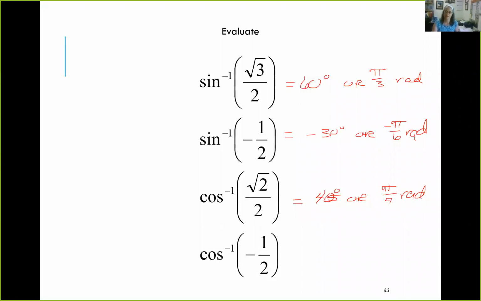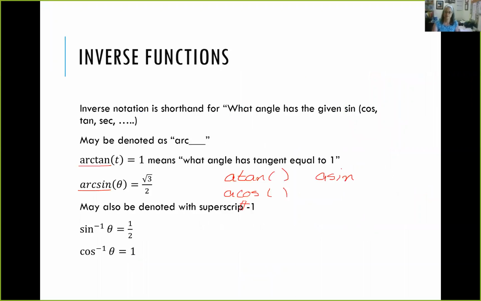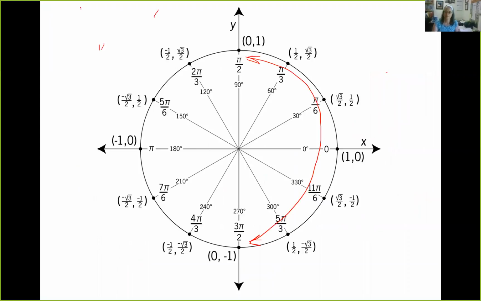Okay, what angle has cosine negative 1/2? So remember, cosine has got a different restriction. We use a different region for cosine so that we only have one answer. We use this region for cosine.